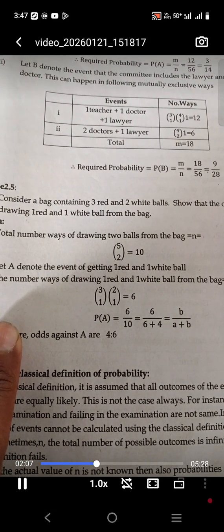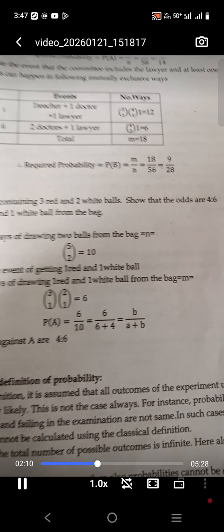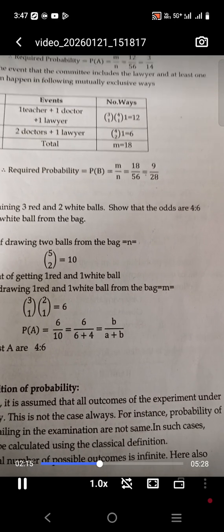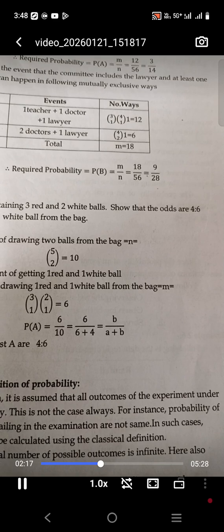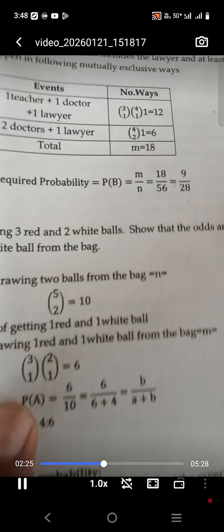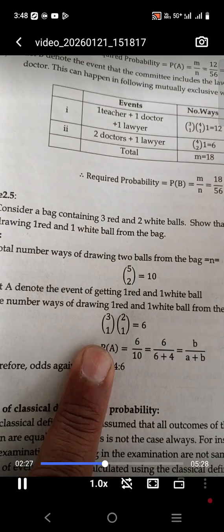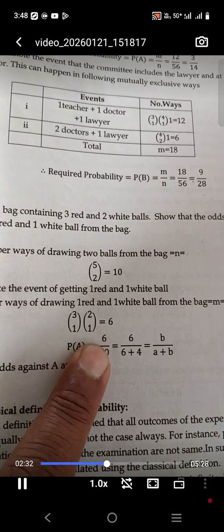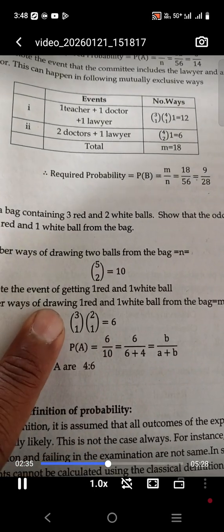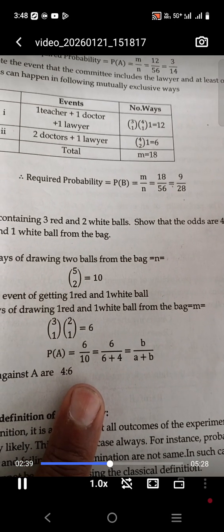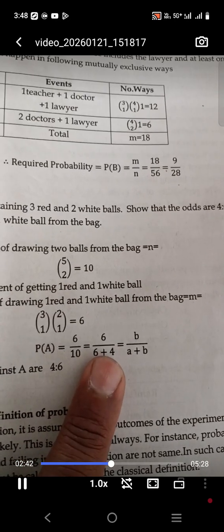The number of ways of drawing one red and one white ball from the bag is the favorable event, which we denote by small m. Here we draw one red ball from the 3 and one white ball from the 2, that is 3 combination 1 and 2 combination 1, equal to 3 into 2 equal to 6.